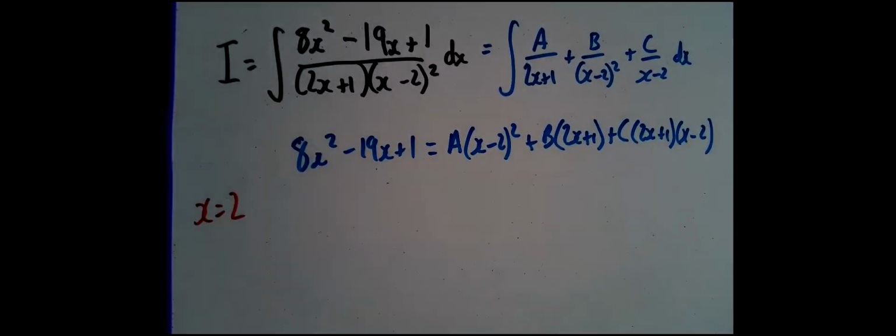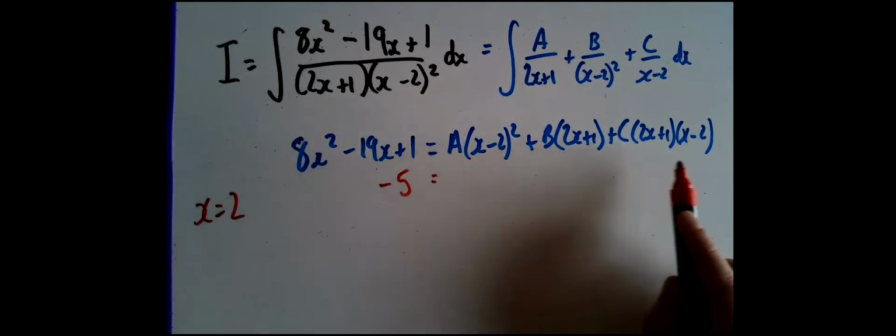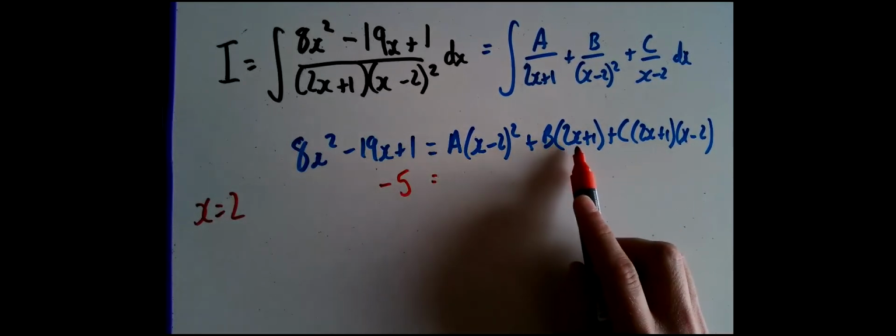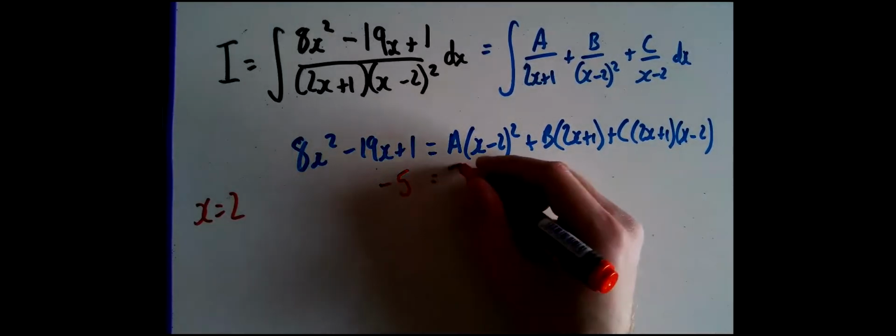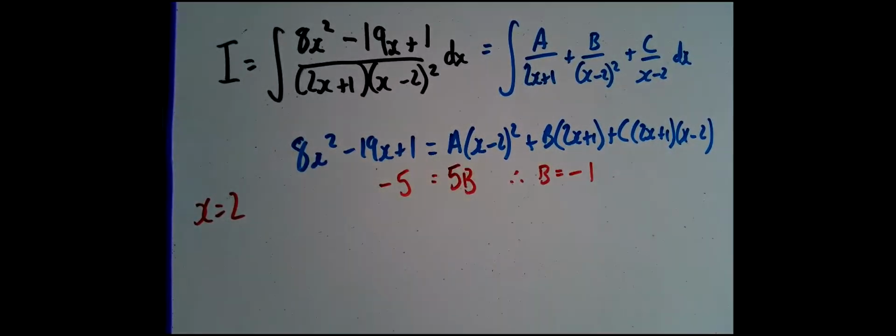And I'm going to have to use my calculator for this. So 8 times 4, take away 19 times 2 plus 1. This side gives me minus 5. This will disappear, and this will disappear. So I just get 2 times 2 is 4, add 1 is 5, so I get 5b. So therefore, b equals minus 1.